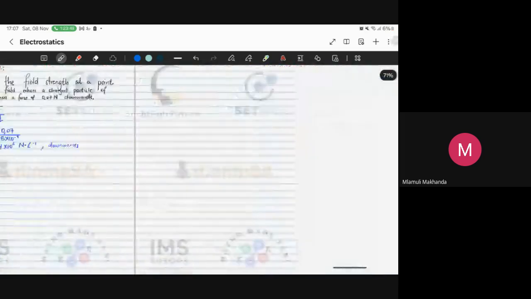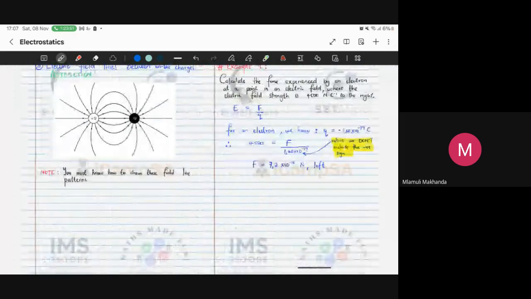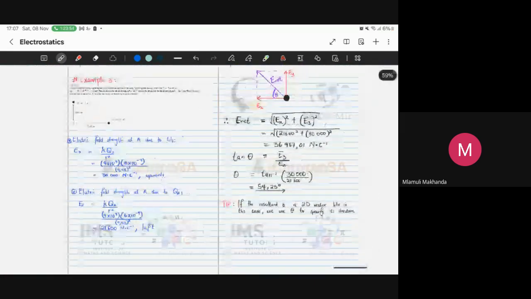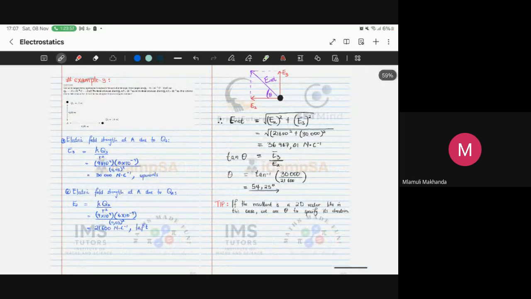Right, so yeah, that's it for this lesson on electric fields. Remember, there's an electric field at a point. The closer a charged object is to the center of whatever is generating that electric field, the higher the force that it will experience.